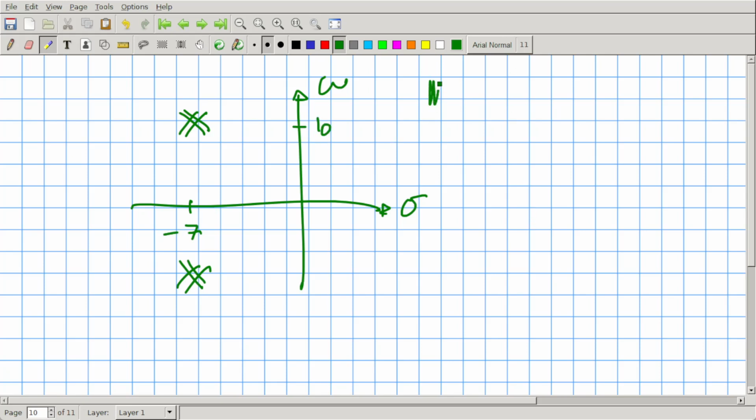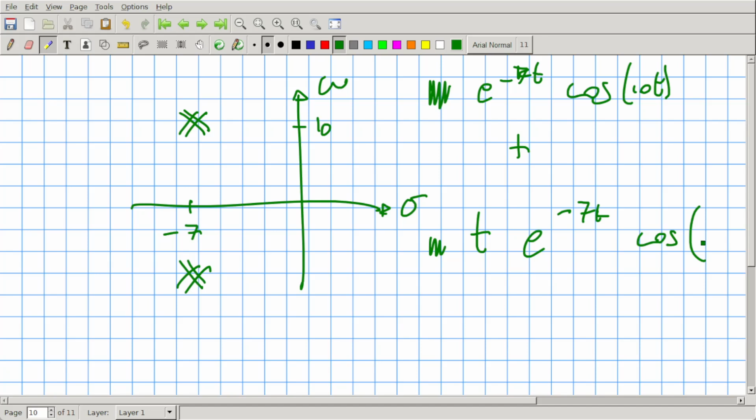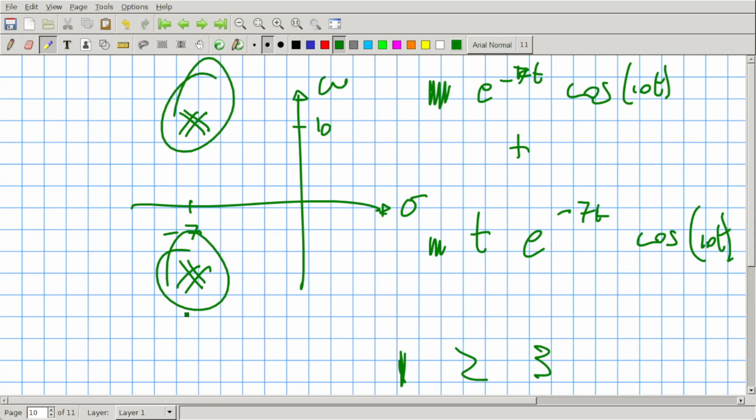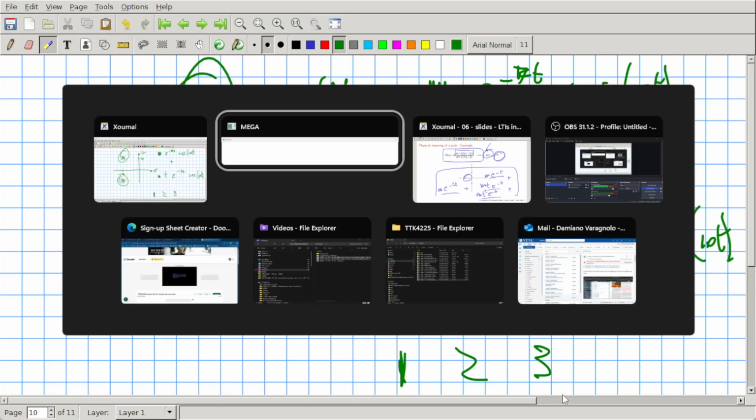I'm going to see something e minus 7t cosine 10t plus something t e minus 7t cosine 10t. Very much together, not at all. Why are there dots? It's a double pole, true? So it's immediate. Okay. Other questions, people?